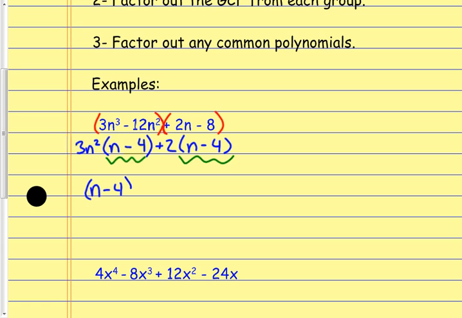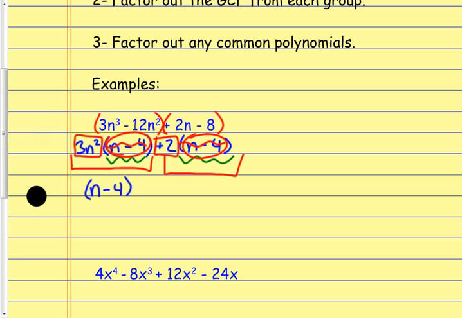If I look at this whole piece as one term, and this whole piece as another term, I'm basically going to take out this piece right here. If I take this away, it leaves me with just the 3n squared. And it's the same thing here. If I take this piece away and factor it out, it leaves me with just the plus 2.